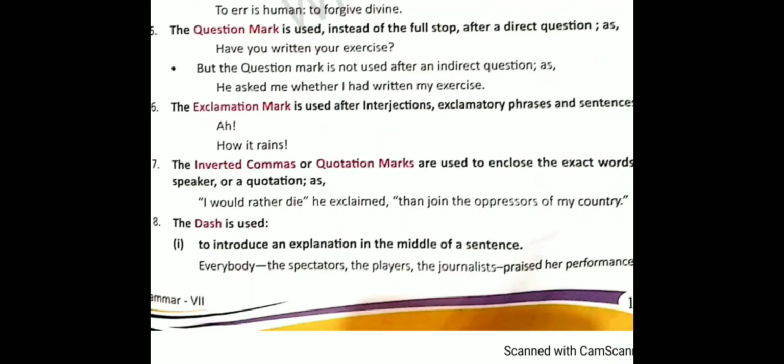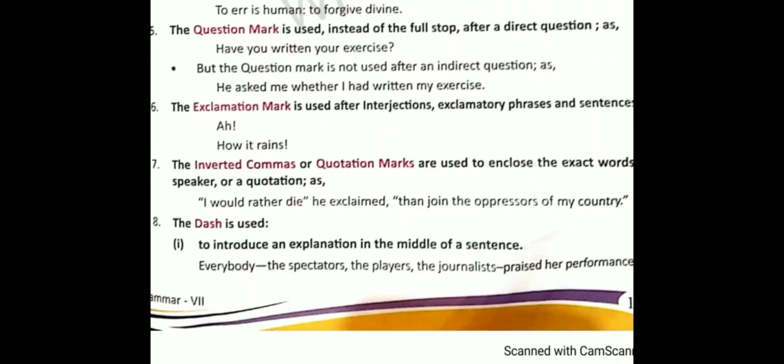Okay. The seventh one is the inverted commas, or the other name of the inverted commas is quotation marks. And when is it used? When someone says a particular word, so we put quotation marks.